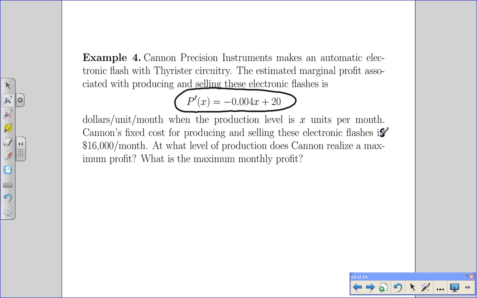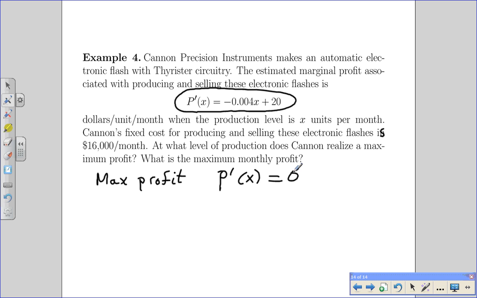And you may recall that to find your maximum profit, you take the derivative of the profit function, P prime of x, and you set it equal to 0. That was from our previous chapter on maximums and minimums and optimization. So if you want to find maximums and minimums, you take the derivative, which we already have, and you set it equal to 0.